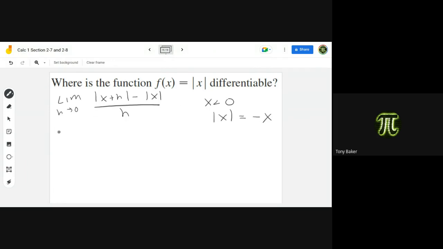So I have negative x plus h minus, oh sorry, minus negative x. So this becomes the negative x and the negative x cancels out. So I have negative h over h, which is negative 1, correct?